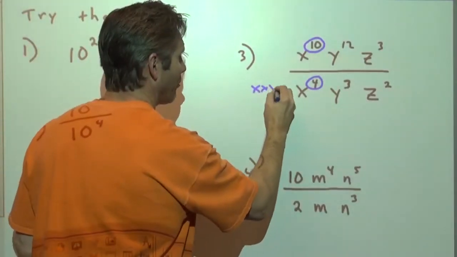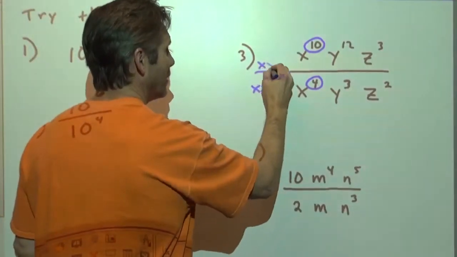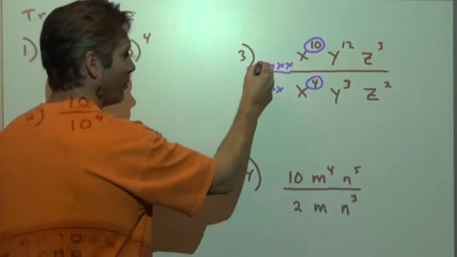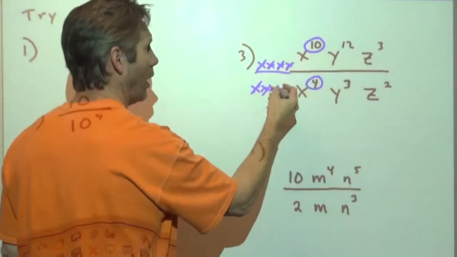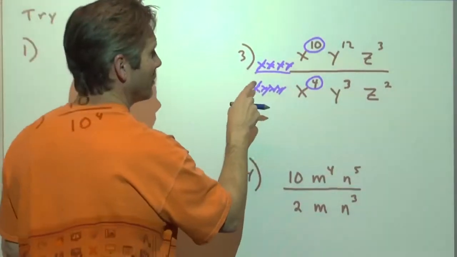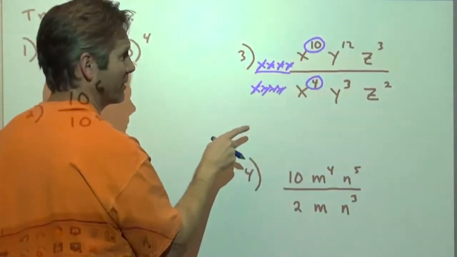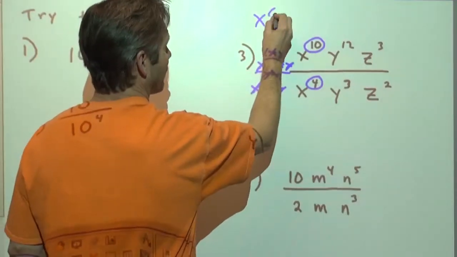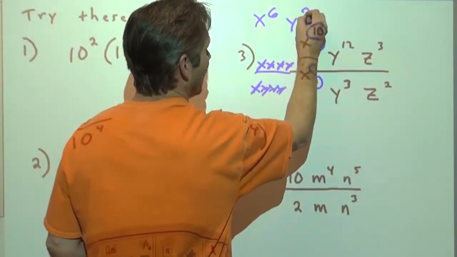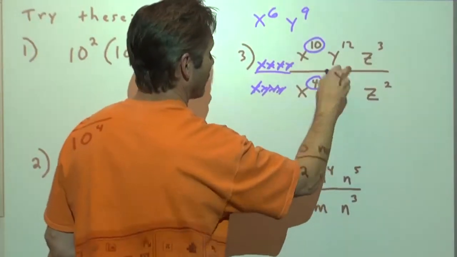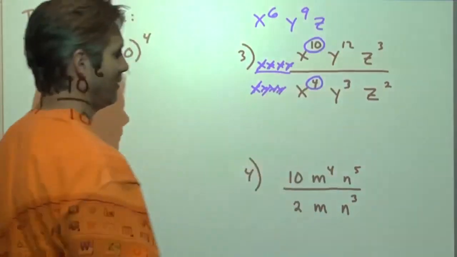If you can picture 4 of these x's canceling out 4 of those, anything divided by itself is 1. This divided by itself is 1, and so on. So how many x's would be left on the top? 6, because 10 minus 4 is 6. So this would give you x to the 6th, y to the 9th, subtract those, and z to the 1st, 3 minus 2. So z to the 1st, or just leave it like this.